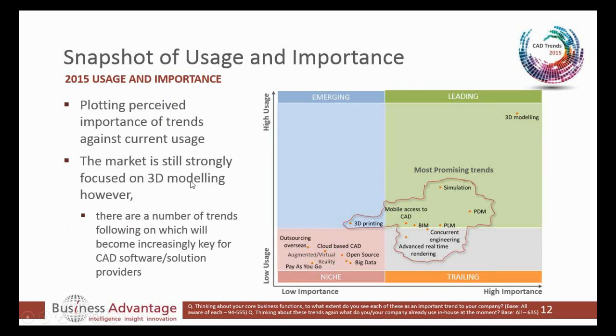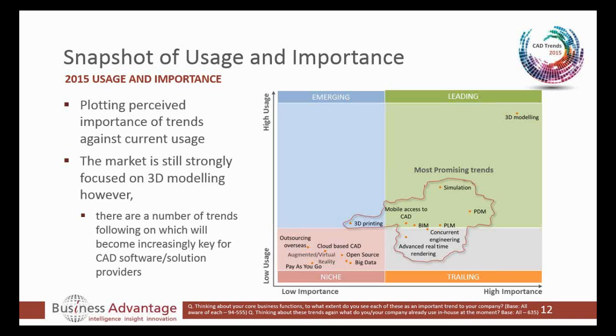So the next thing we wanted to look at, having established patterns of usage and asked individuals and companies to rate the importance of these trends, was to plot these in this matrix. Along the bottom, we're looking at importance, on the left-hand side low importance moving to high importance. And on the vertical axis, we have low usage to high usage.